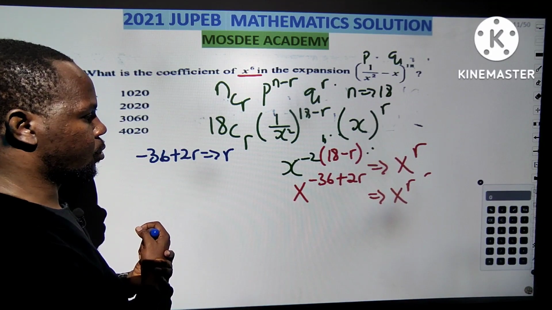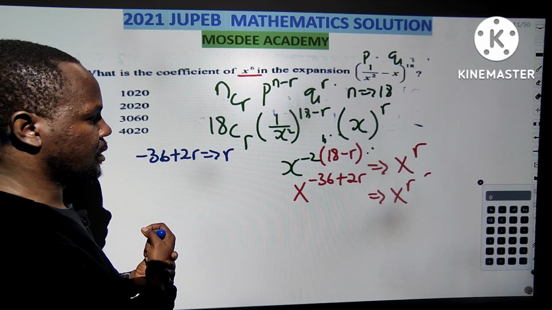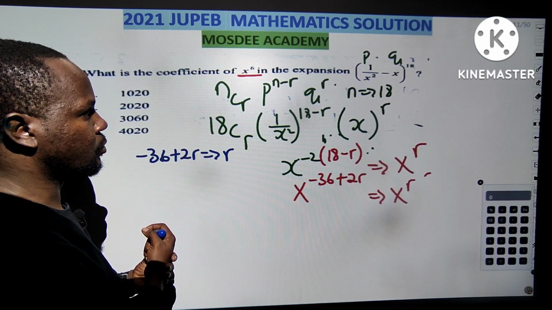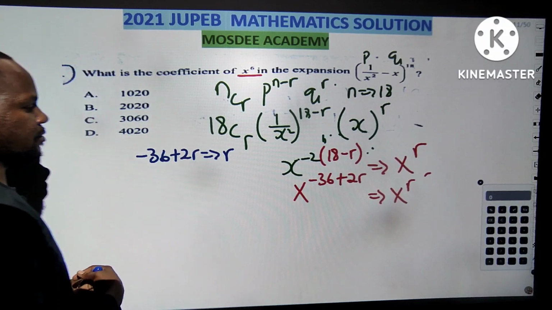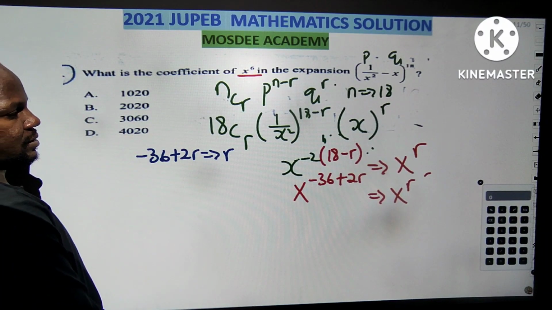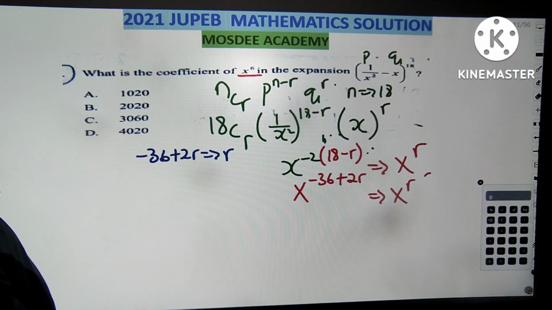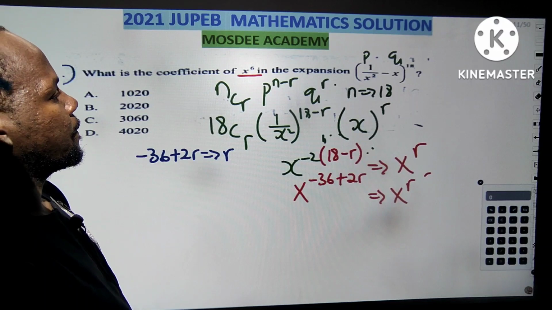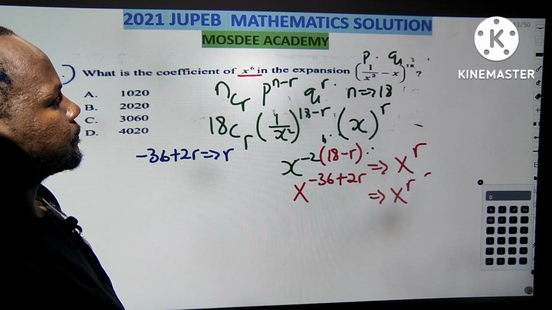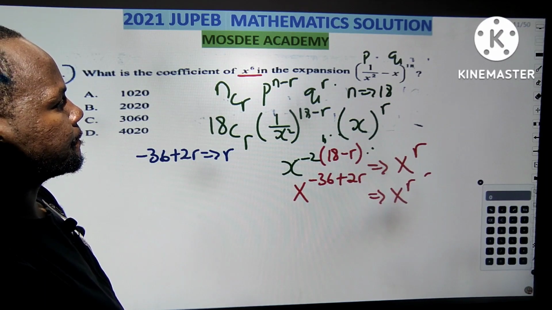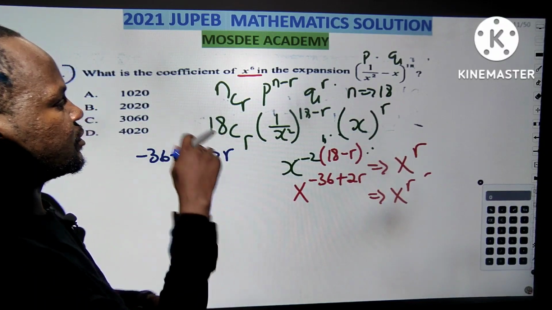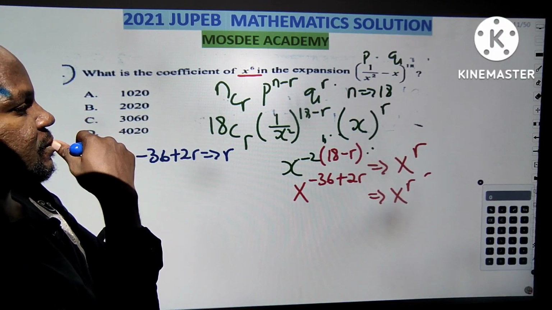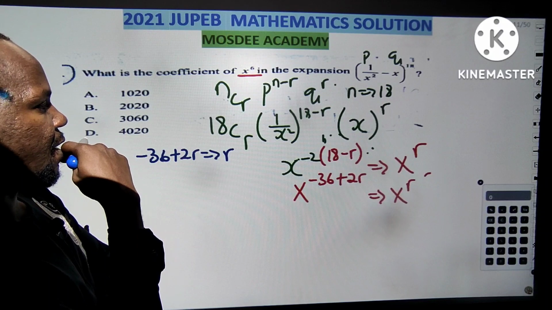Hope I didn't make a mistake here, because I don't want us to have any issue. Let's check again. We have 1 over x squared raised to power 18, then that raised to the power r.